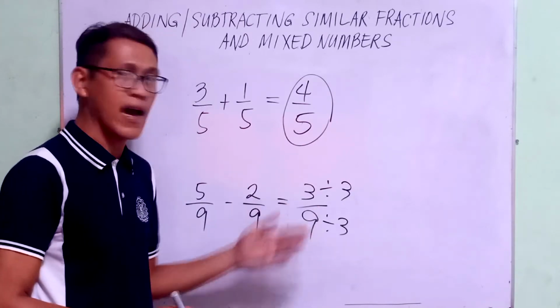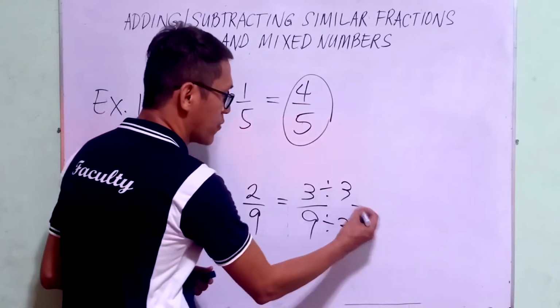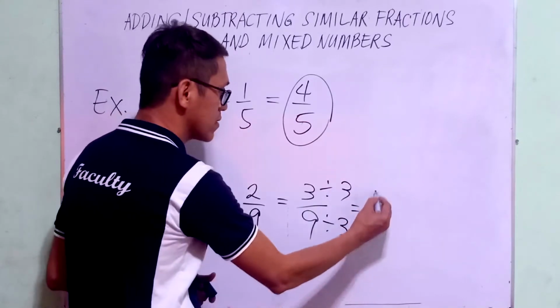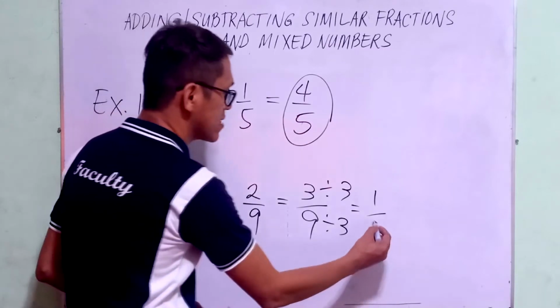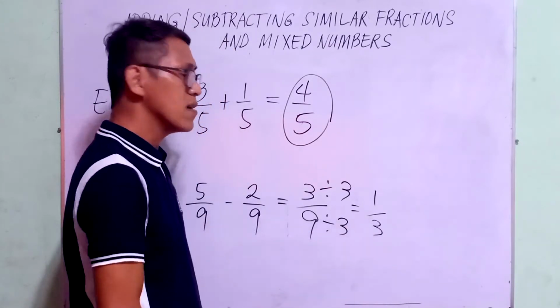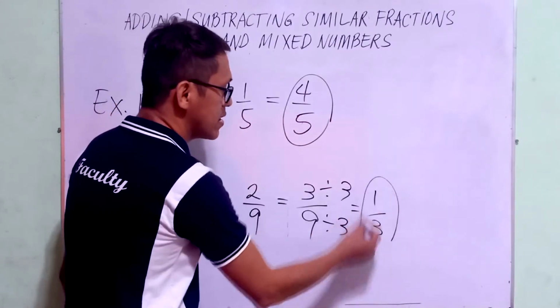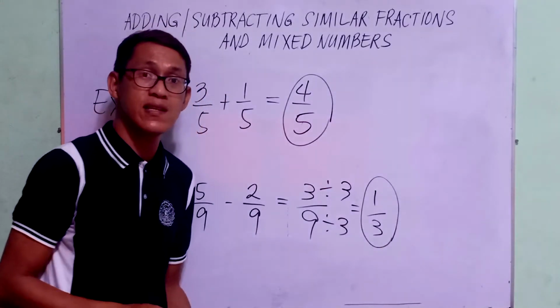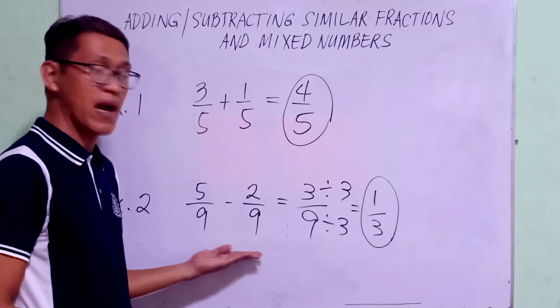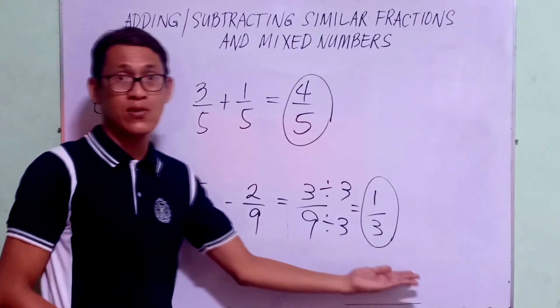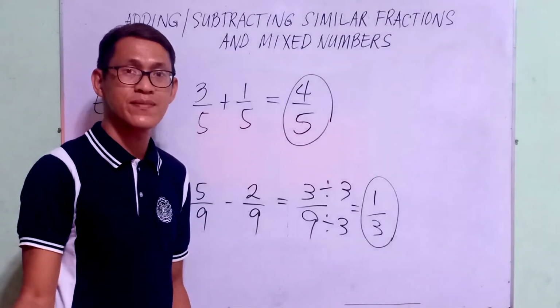So, let's divide 3 divided by 3. That will give us 1. Correct. What about 9 divided by 3? Yes, it's 3. So, this time, as you can see, 1/3 is already in lowest term. So, 5/9 minus 2/9 is equal to 1/3.